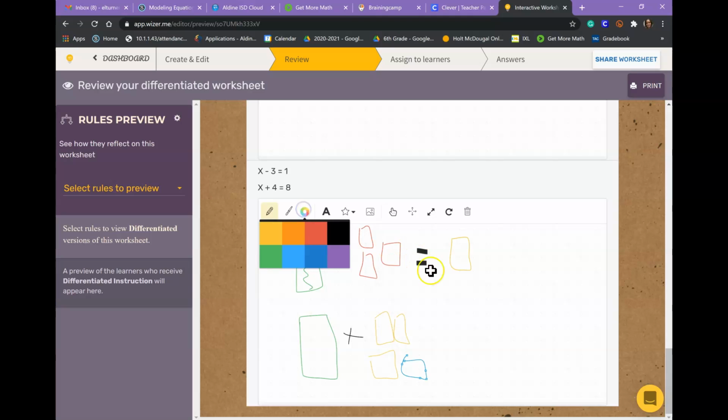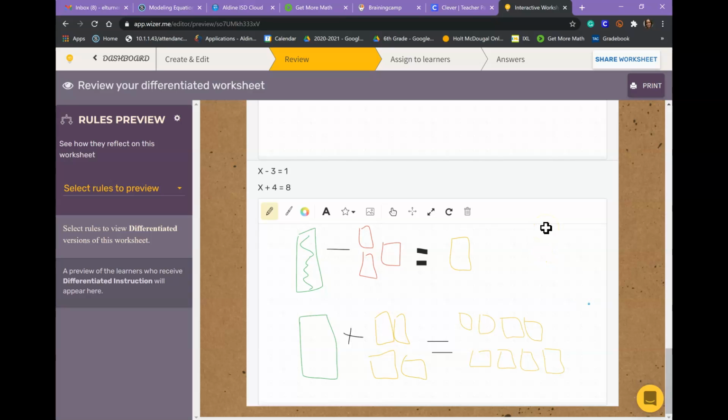Then I'm going to say equals, and my positive is 8. So I'm going to go back to yellow, and I'm going to draw 8 squares. 1, 2, 3, 4, 5, 6, 7, 8. And no, it's not going to be perfect, and that's totally fine.